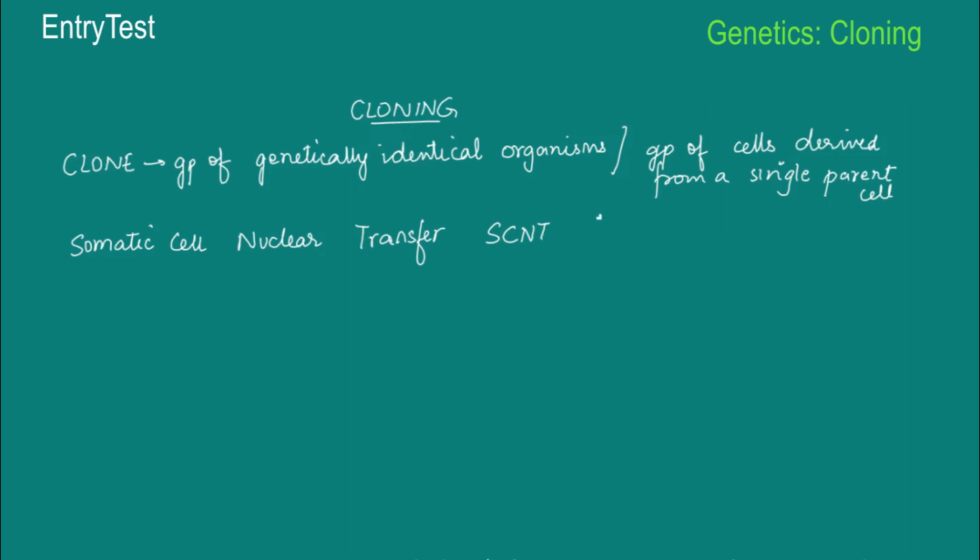It is a method of reproductive cloning that we are about to study in this video. Somatic cells are basically those cells that are not the sex cells or the gametes. So all the other cells in our body apart from the gametes are known as the somatic cells. So let's go ahead and study the different parts of this entire process.